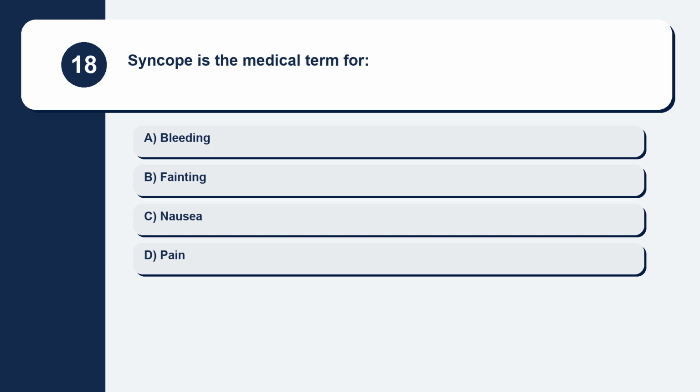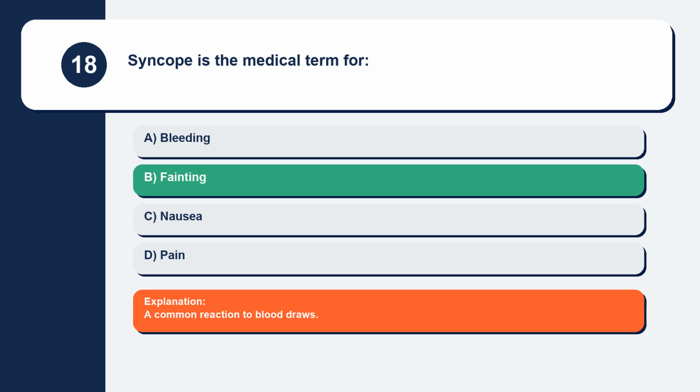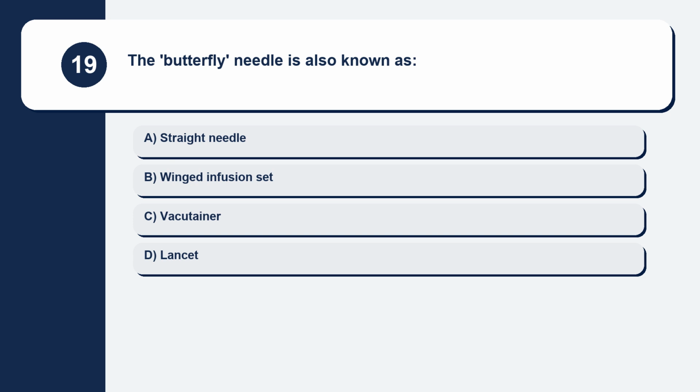Question 18. Syncope is the medical term for bleeding, fainting, nausea, pain. A common reaction to blood draws. Question 19. The butterfly needle is also known as straight needle, winged infusion set, vacutainer, lancet.